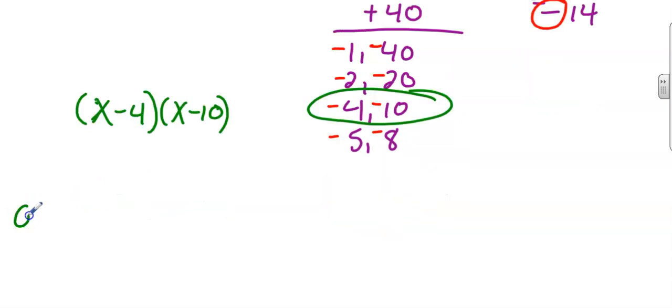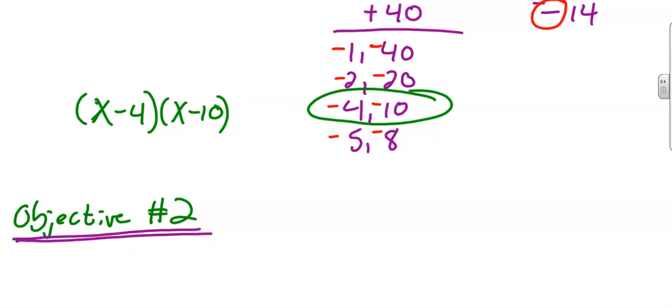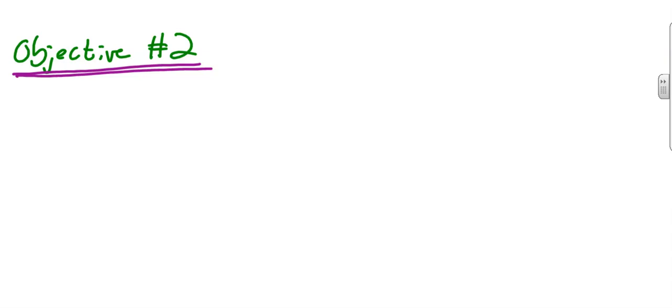The second objective that they give to you is basically the same thing. The only thing they do with objective 2 is they give you two variables.